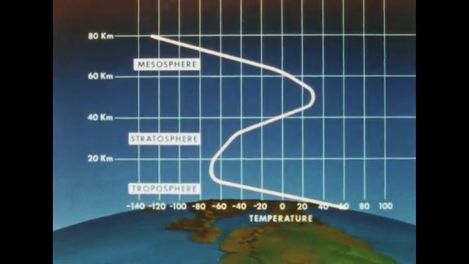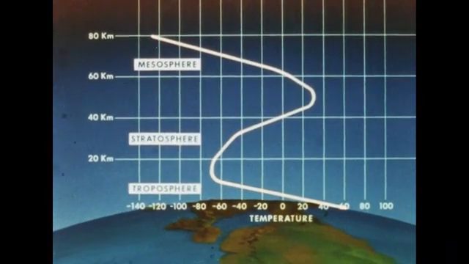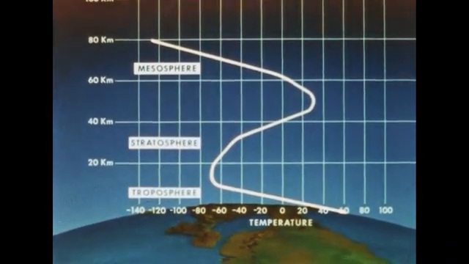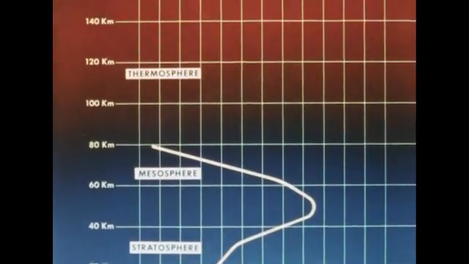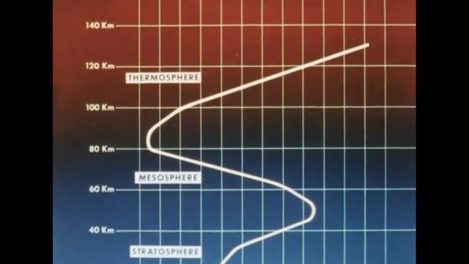Above 80 kilometers, the atmosphere is also heated by the absorption of solar ultraviolet radiation. Since there are no molecules to emit infrared photons, the temperature is high, over 1,000 degrees Kelvin, above 150 kilometers.